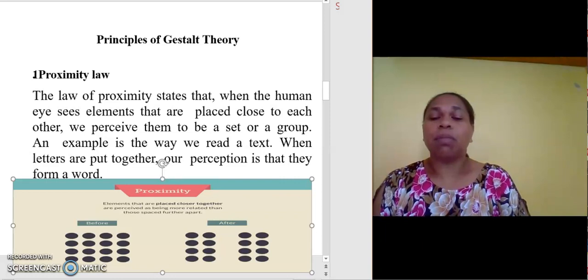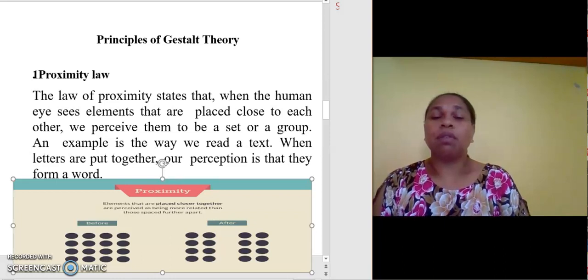And even though the same number of shapes is on the right-hand side, because the shapes have been separated, our eyes tell us that they are two groups. So our human eyes only see what is close together, and so they perceive them to be in a group or in a set.